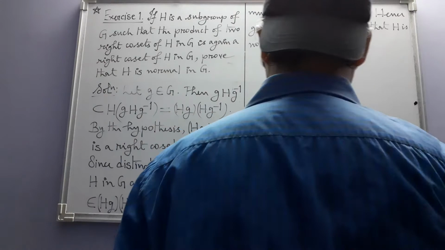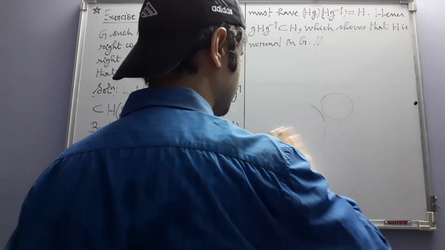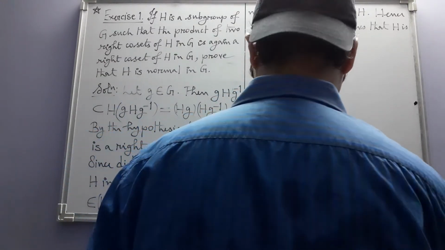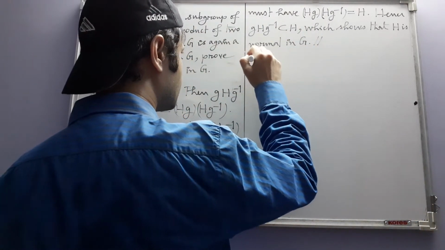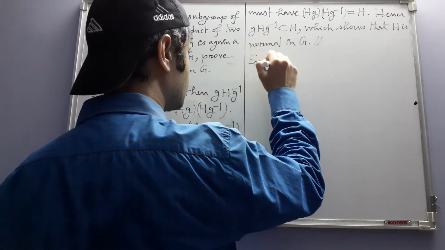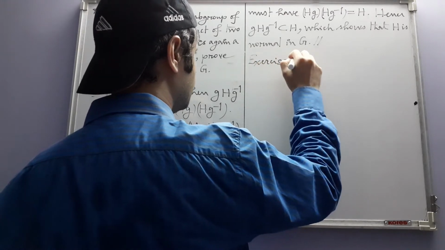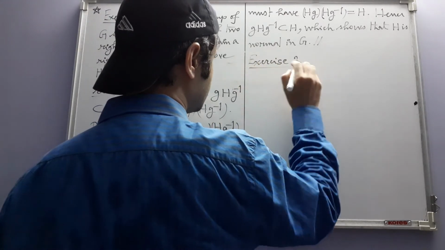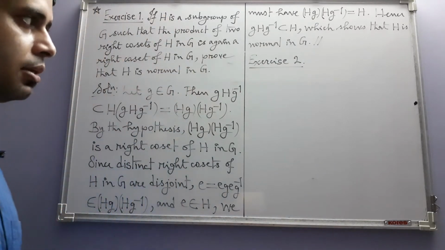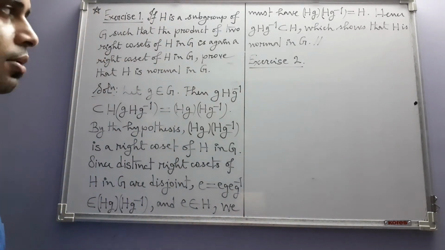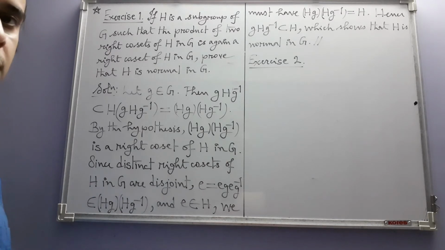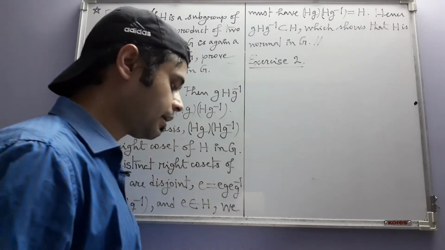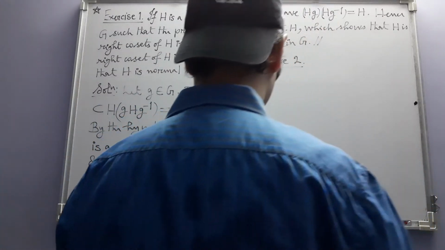Let us see the second one. The second one becomes useful when working with subgroups. It often becomes useful because we often come across subgroups of index 2 and they are normal. That's what the second one says.